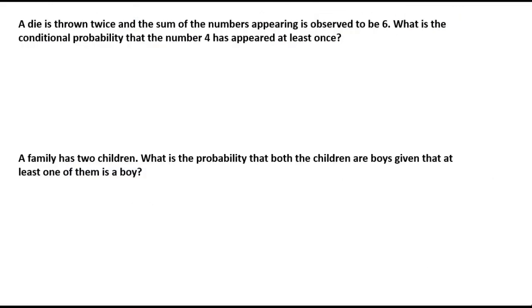Now see the next question. A die is thrown twice and the sum of the numbers that appear is observed to be 6. What is the conditional probability that the number 4 has appeared at least once? So the sum is 6, this is given. B means number 4 appeared at least once.